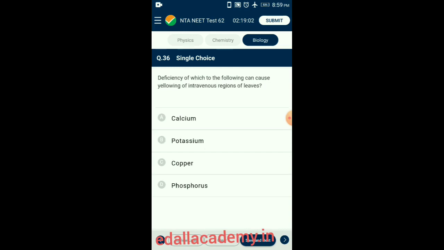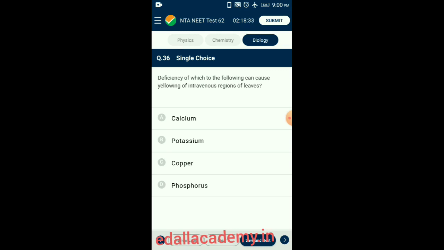Question number 36. Deficiency of which of the following can cause yellowing of interveinal regions of leaves? For the proper growth of plants, some elements are essentially required. These are known as essential elements. Calcium is used for the synthesis of cell wall. Deficiency of calcium leads to stunted growth and necrosis of root tips and young leaves.